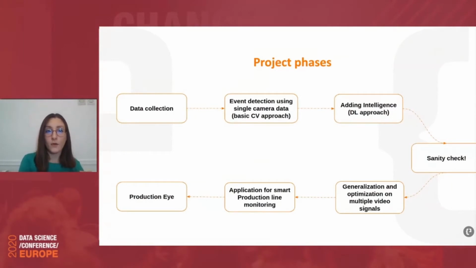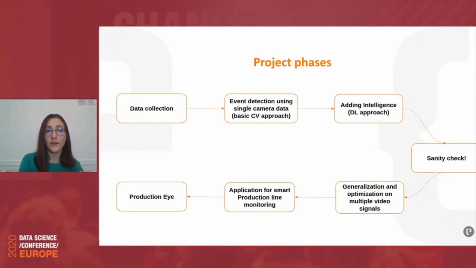Here are our project phases. We've started with data collection. Then we moved on to event detection using single camera data. Here we used computer vision approach. Then we had to add some intelligence, and we used deep learning approach.